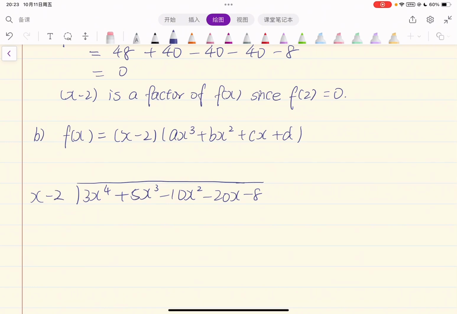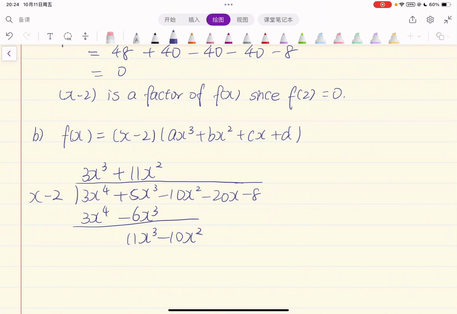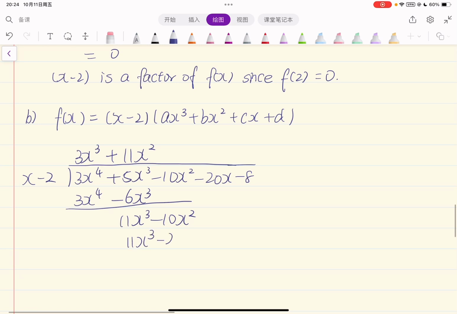So 3x to the power 4 divided by x gives 3x cubed, and 3x cubed times x minus 2 equals 3x to the power 4 minus 6x cubed. Subtracting, we have 11x cubed minus 10x squared. Then 11x cubed divided by x equals plus 11x squared. 11x squared times x minus 2 is 11x cubed minus 22x squared.